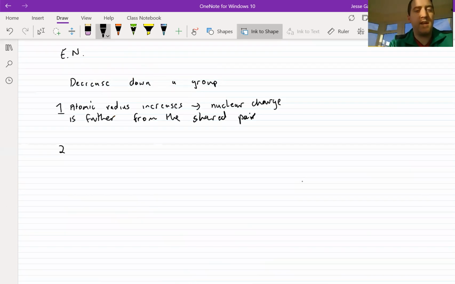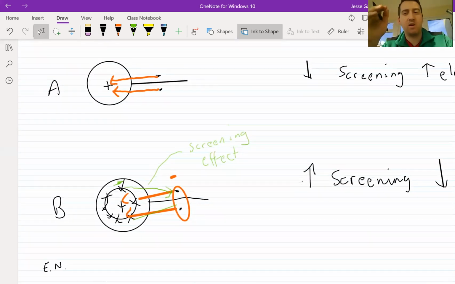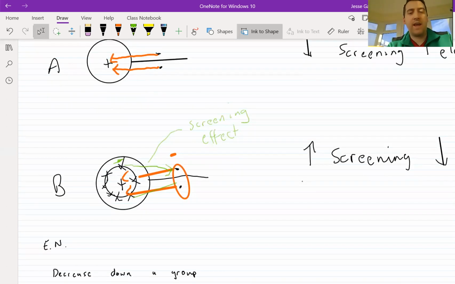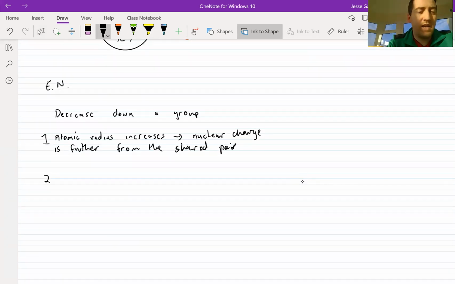Factor number 2 is this. As we move down the group, we go through the energy levels, n equal to 1, n equal to 2, n equal to 3. So that's what happens as we move down the group. We add inner energy levels full of electrons, or what we call inner shells, which has the effect of increased screening. Okay, increased screening. And the effect of this is that it basically starts to repel the shared pair of electrons. So although the nuclear charge is trying to pull them closer, the shielding electrons in the inner shells repel them.